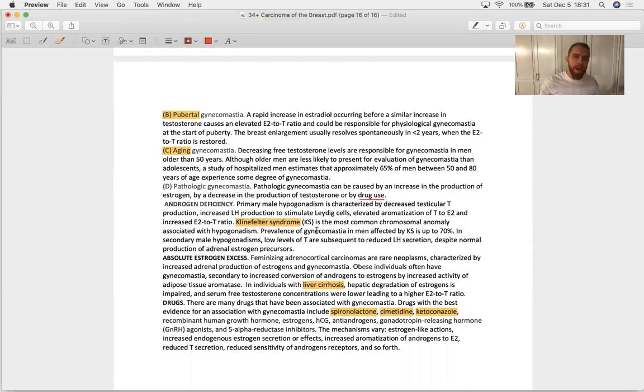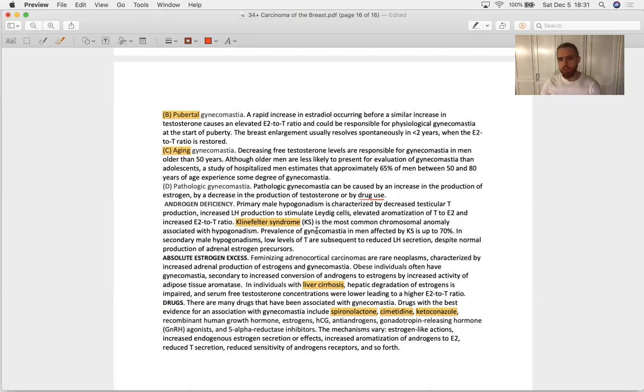And so what do we mean by pathologic? Well, okay, you're an alcoholic. You've got liver damage. Your liver metabolizes estrogens. You can't break down estrogens anymore, so you have high circulating estrogens. That's pathologic gynecomastia. Something else might be maybe you're taking a drug that's going to inhibit a particular enzyme in the steroid biosynthesis pathway.